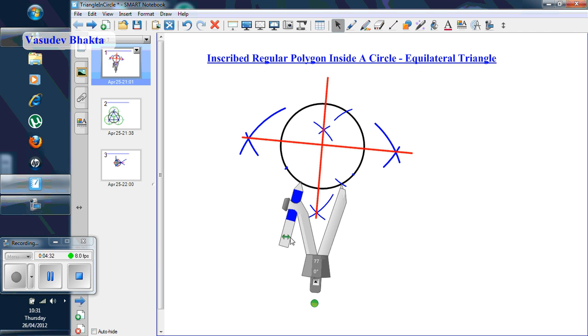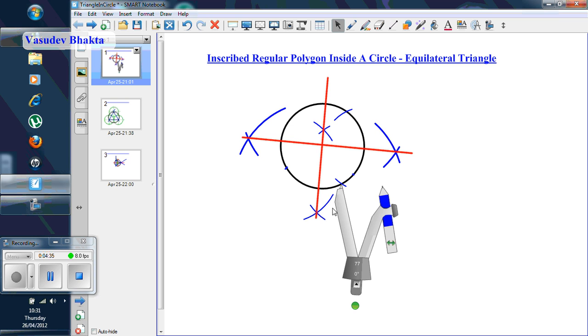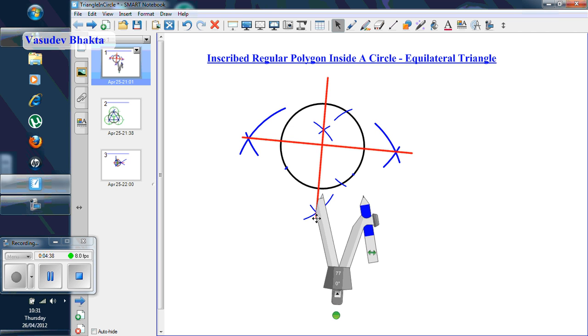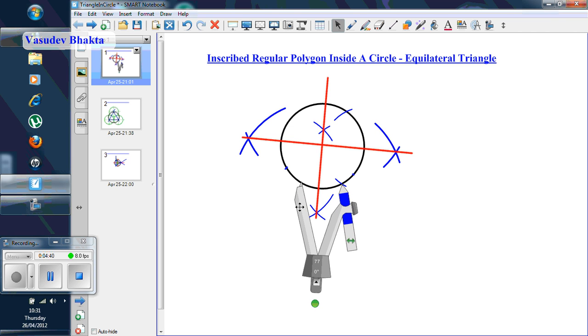Now if we can switch that and move the pen onto that point such that the compass is resting on that circumference point there.